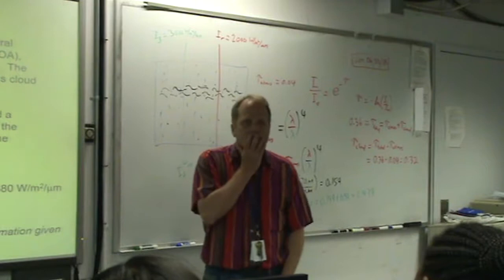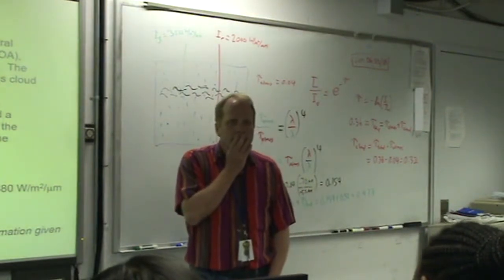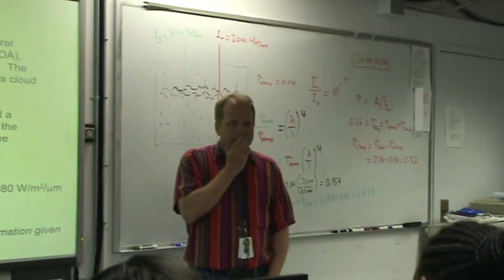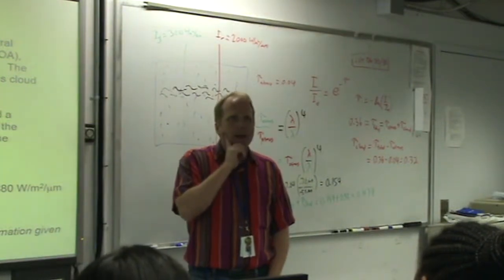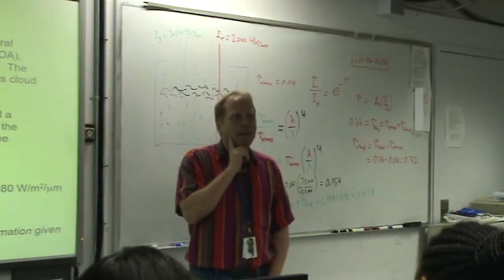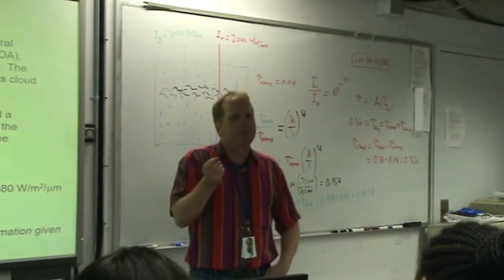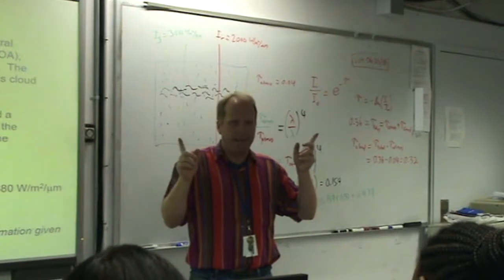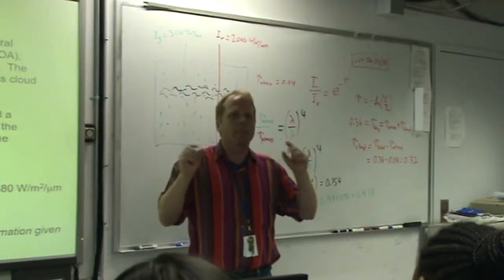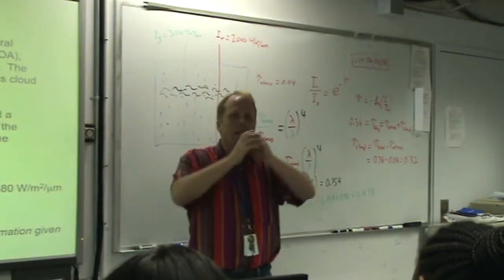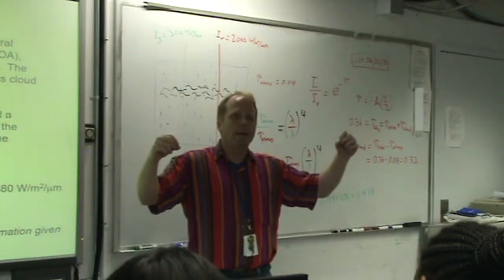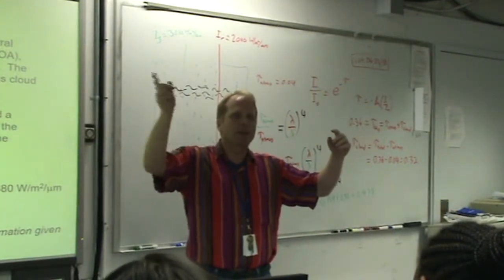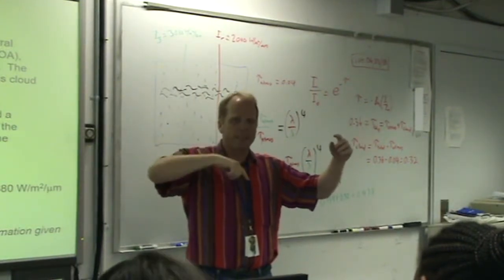So the optical depth for the green light is the same as for the red. The way to think about it: optical depth is how much light is being intercepted, whether it's absorbed or scattered. Here it's only being scattered. Because these particles are so much larger than the wavelength, they scatter the same fraction of red and green light.